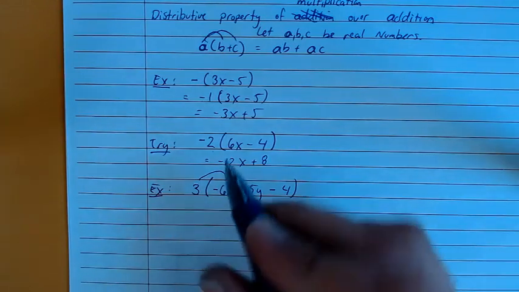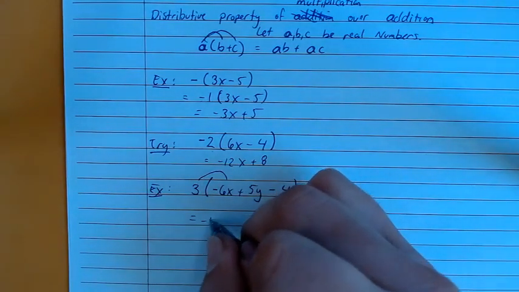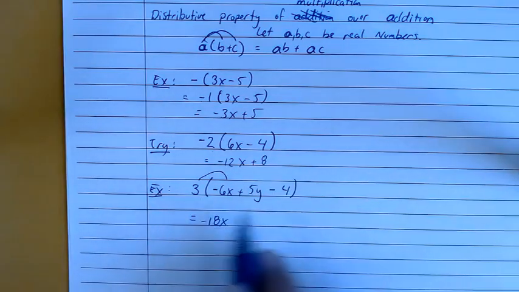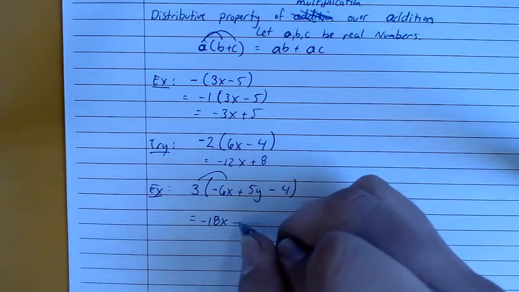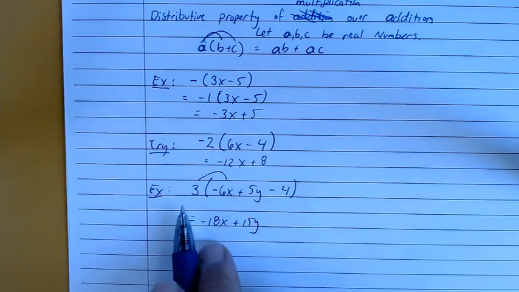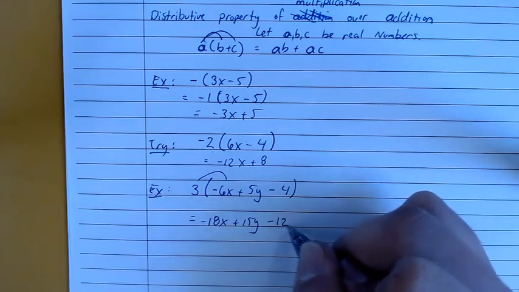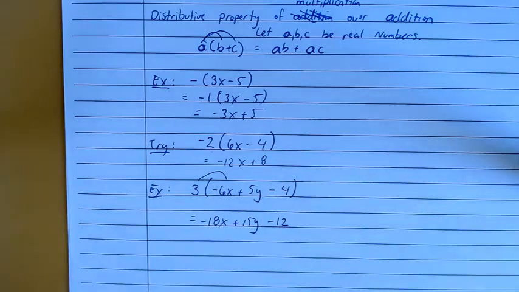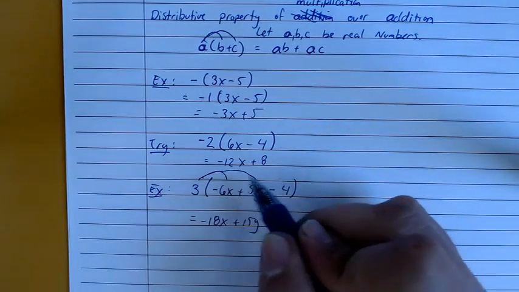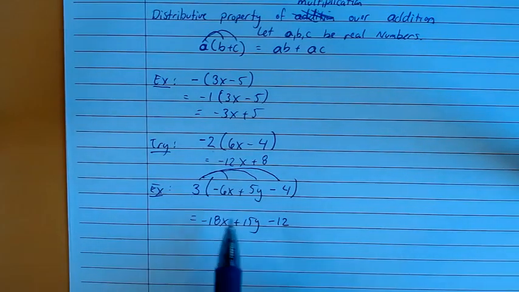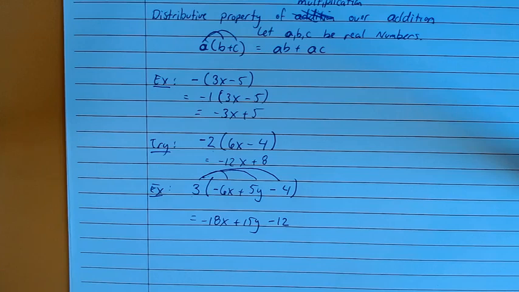Well, 3 times negative 6 is negative 18, so that's going to give us negative 18x. 3 times a positive 5, well, that's plus 15y. And then 3 times negative 4 is our negative 12. And there we go. If we had 4 terms, 5 terms, 6 terms, it wouldn't matter how many we have. Distribution works all the way down until the 3 multiplies each one of these.